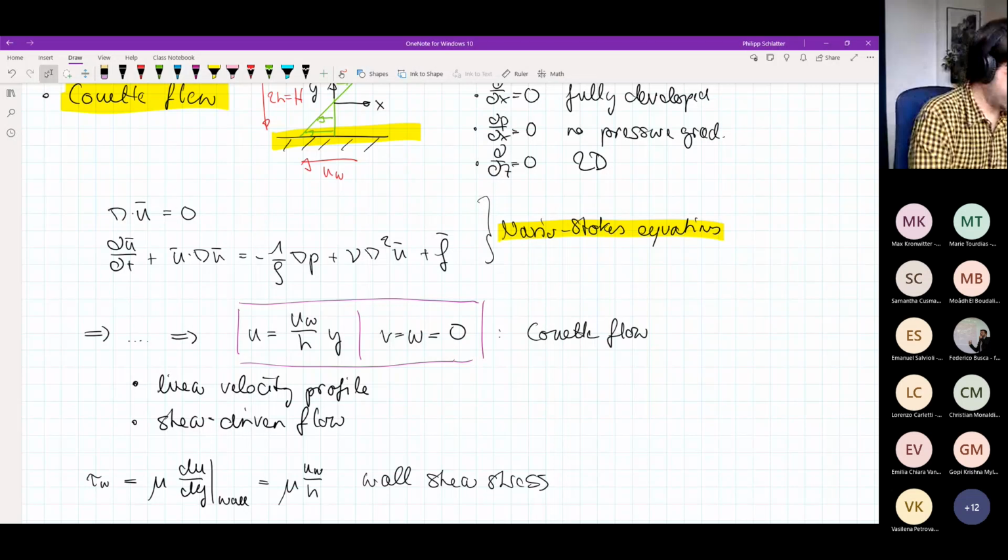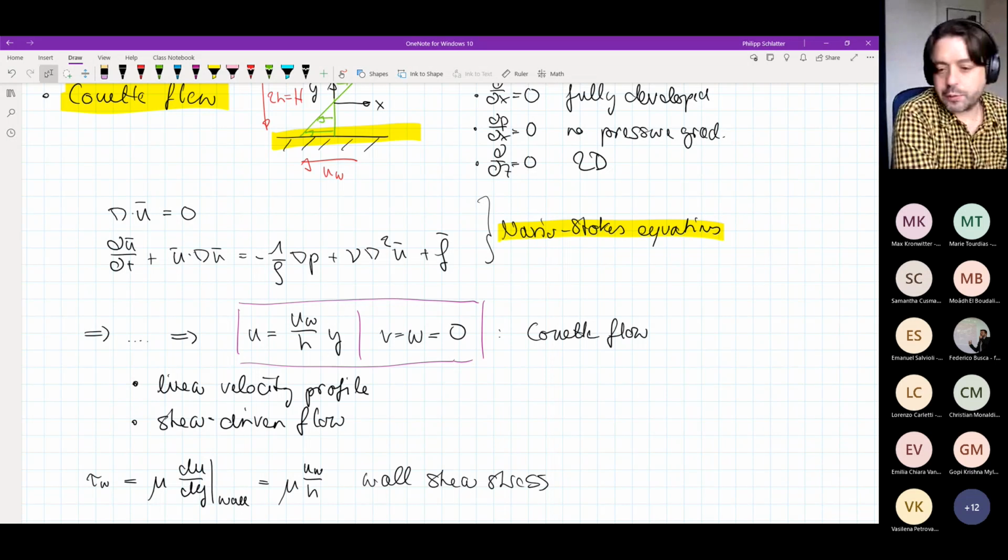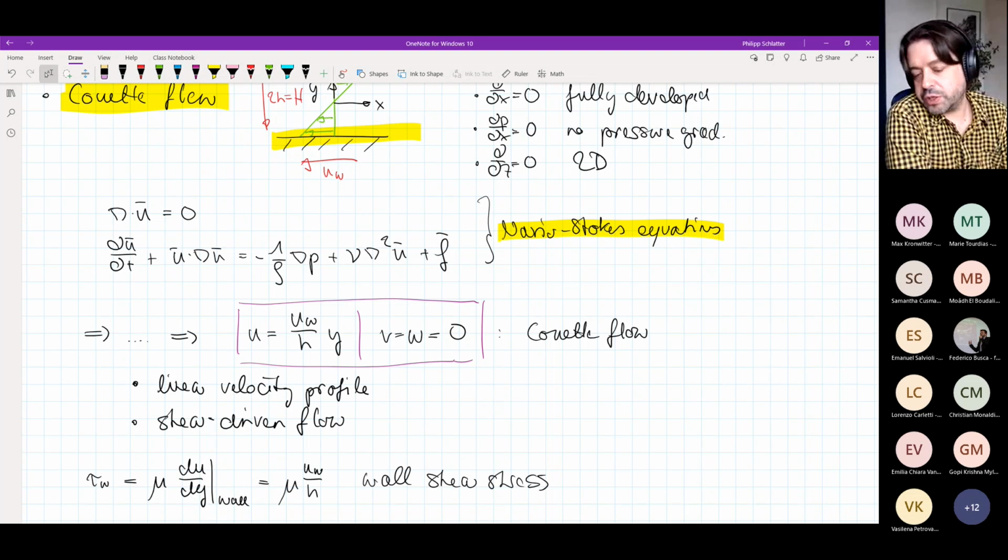So we get this linear profile, and in the end we can say that this is a flow that is essentially driven by the two walls, by the shear introduced by these two walls, and therefore we call this flow also shear driven. Today, later on, we will also see another flow which is pressure driven, which is slightly different. We will talk more about that later.